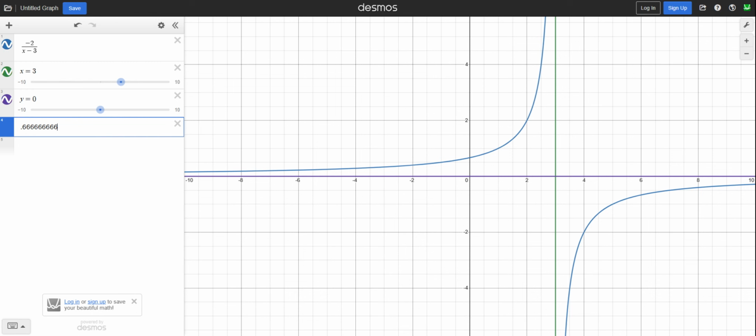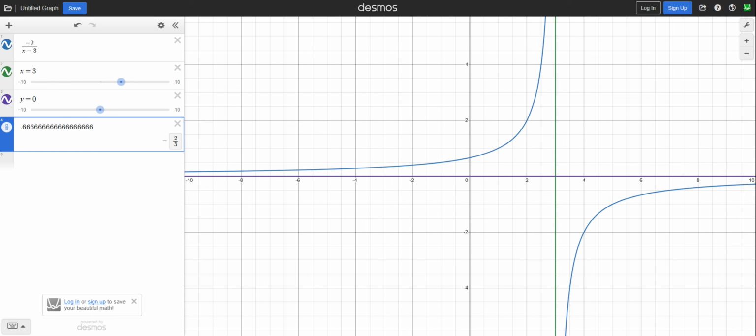So notice I typed sixes until the little fraction key disappears. I keep typing the 6 until that little fraction key comes back. When it comes back, that is the right fraction. Until it comes back, it's the wrong fraction. So this is positive 2/3.